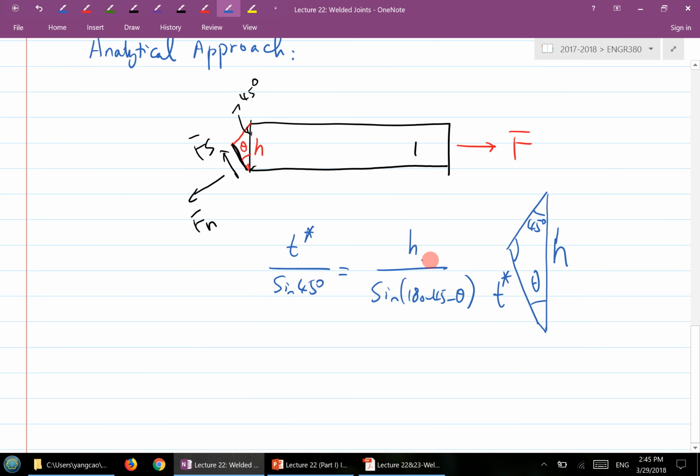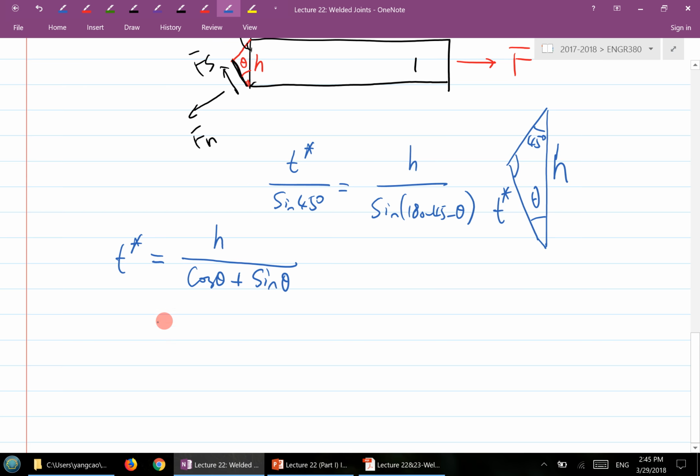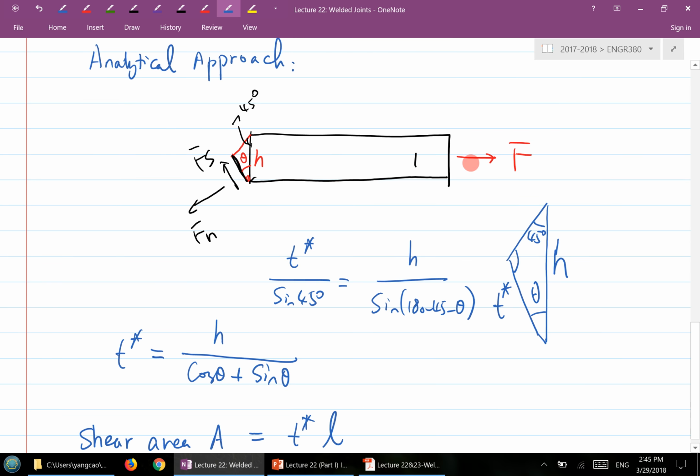Then I can solve for T star, which turns out to be H over cosine theta plus sine theta. That gives us the T star value. Once we get T star, I can calculate the shear area A, which is T star times L, the total length L.